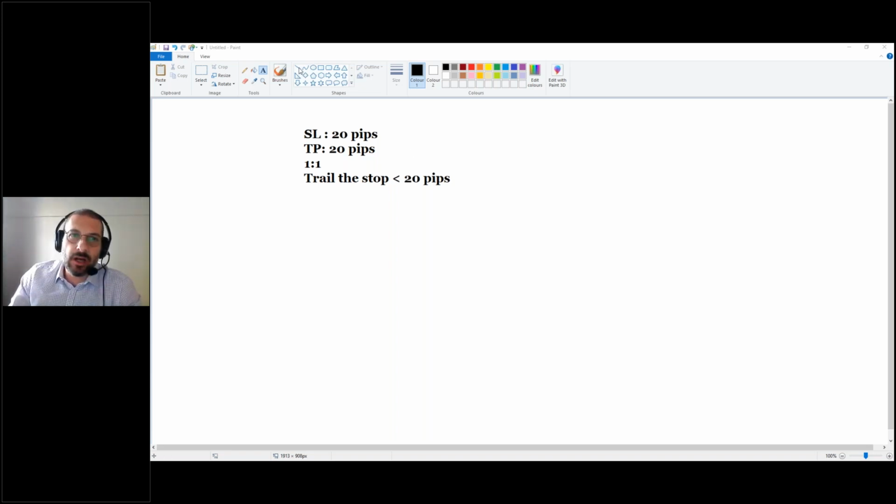Now we're not going to put on the trade prior to the announcement. We're going to put on the trade post-announcement, and we're going to wait for the initial impulse. The initial impulse is either going to go up or go down, and then we're going to wait for a correction.